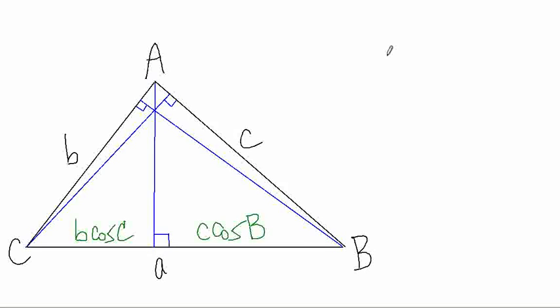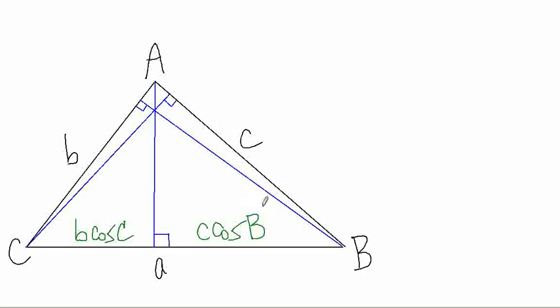Now, to see why those two lengths are correct, think about the corresponding right triangles. For example, can you see on the left a right triangle with a hypotenuse of length b containing angle C? If you think about what the cosine of angle C is equal to, you will see that from that ratio you can work out that b cosine C is the length of that piece.